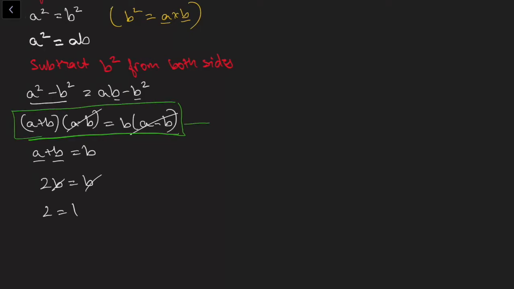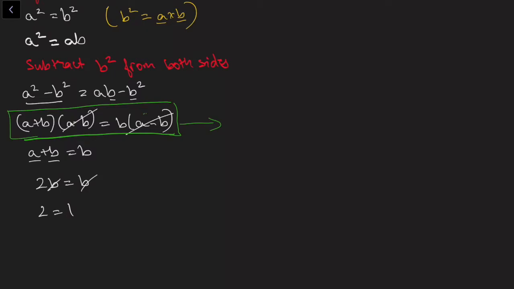So what I'm doing here is I'm canceling out a minus b from both sides, right? But then we didn't think of the fact that a minus b will actually be 0 because a is equal to b, so a minus b has to be 0. And then if you take this line and rewrite it, you'll get a plus b into 0 is equal to b into 0.